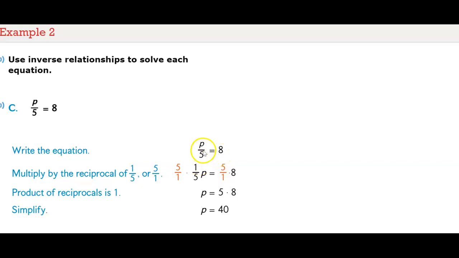So to do that, we take the 5 and we find the reciprocal of 1/5 times p, because that would essentially be 1p. And so the reciprocal of that would be 5/1, and then you multiply the 5/1 and the 8, because it's keep, change, reciprocal. Remember, we talked about that. And so you get 40 as the value of p.